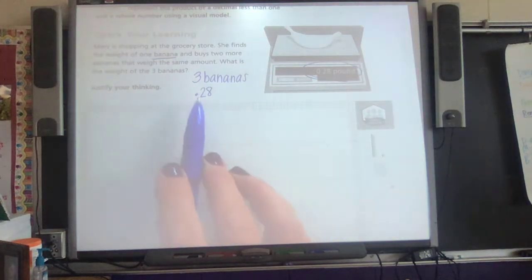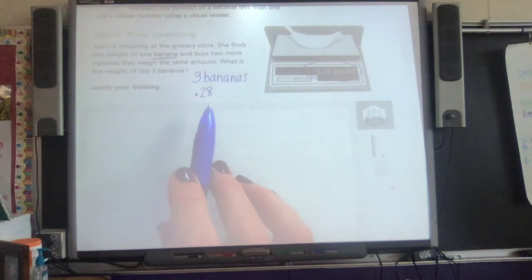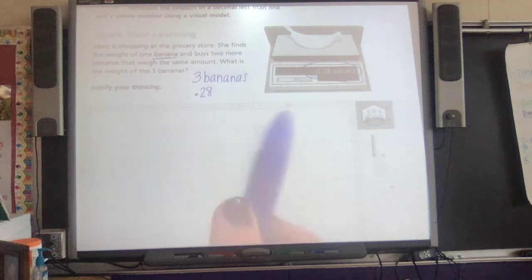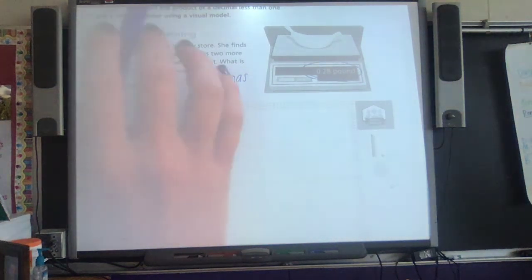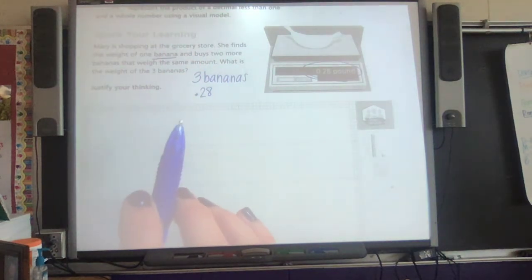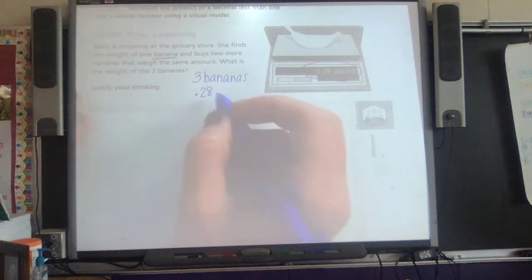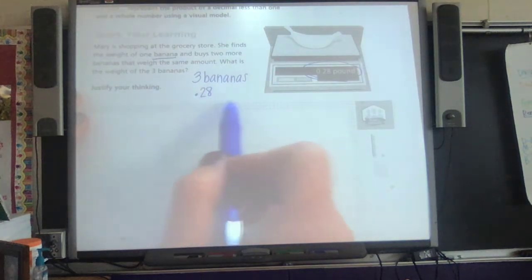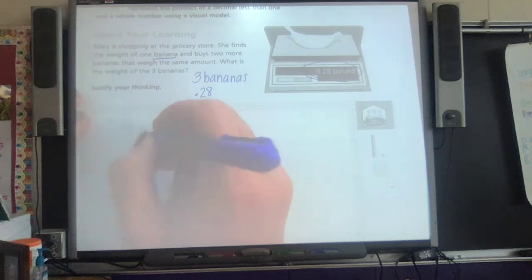It's less than 1, so it's less than 1 pound. All right. So now today's lesson is how can we represent that? So that means in a model or in a picture. So a good way to do this would be to show that number. Now, like we said, this is 28 hundredths.